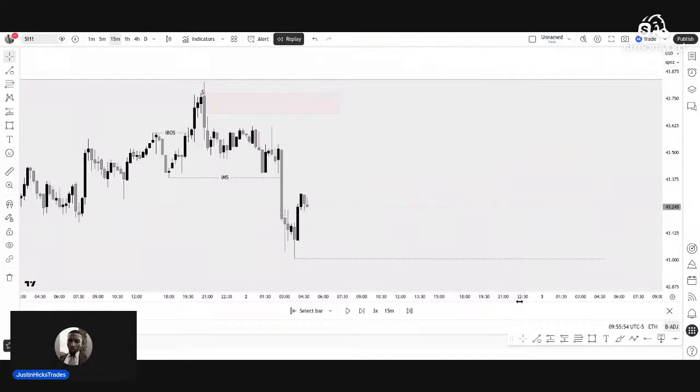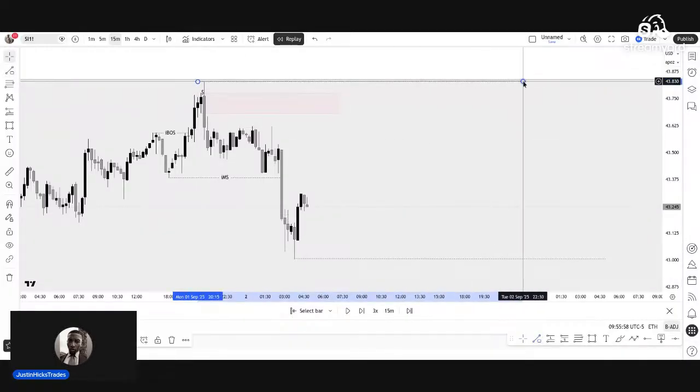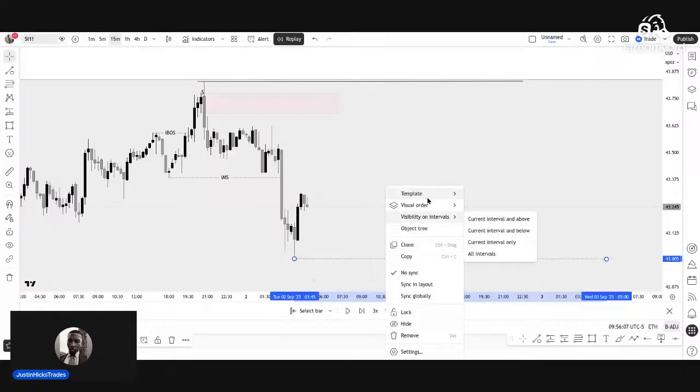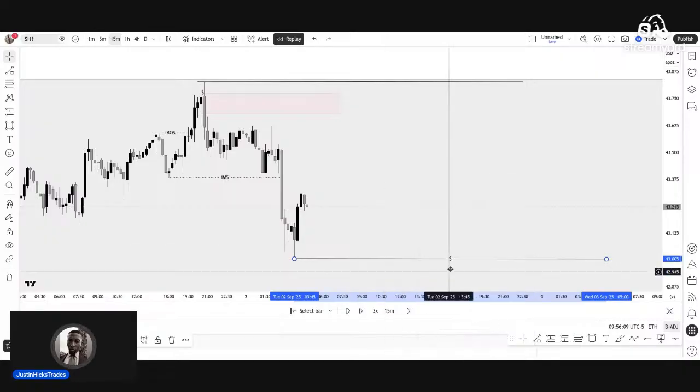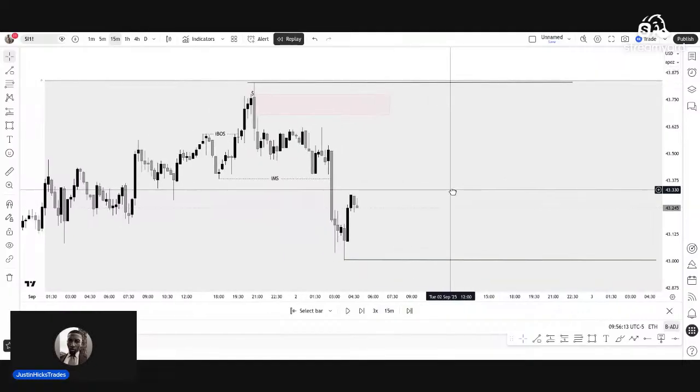And it's the same thing, but this makes my swing high. I really don't like the dots when I'm marking swing highs and swing lows. That's why I do it like that.